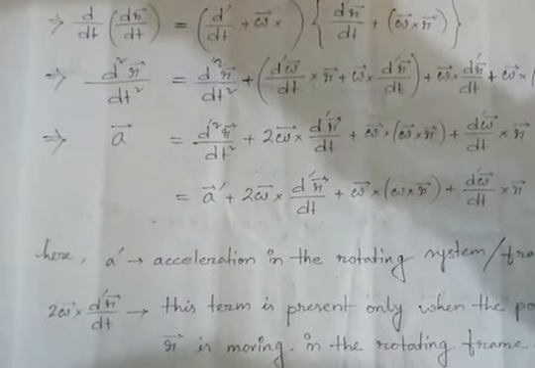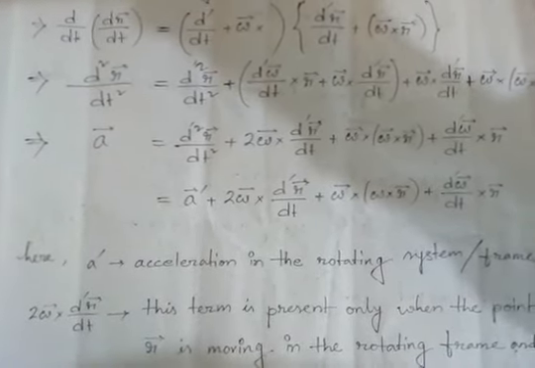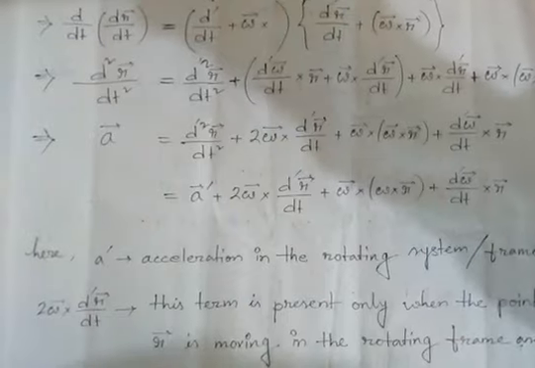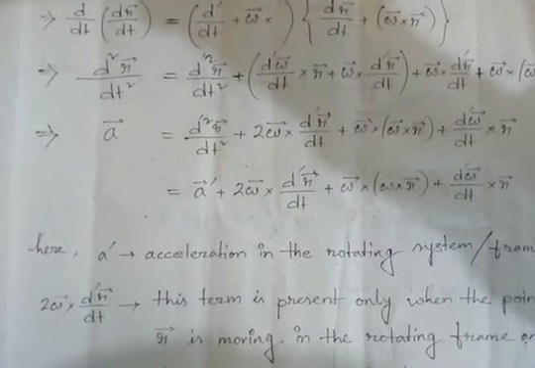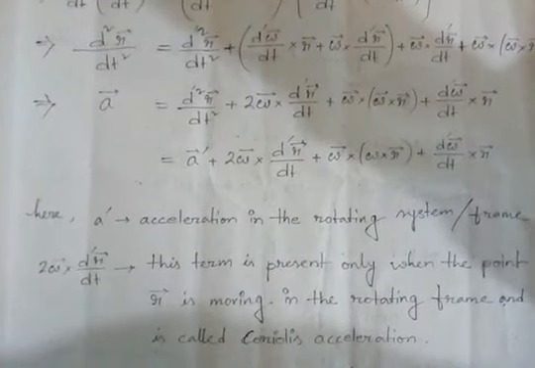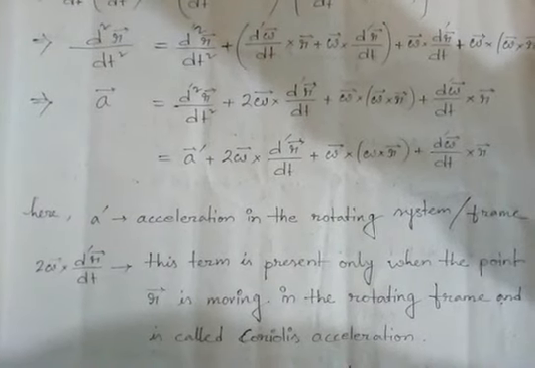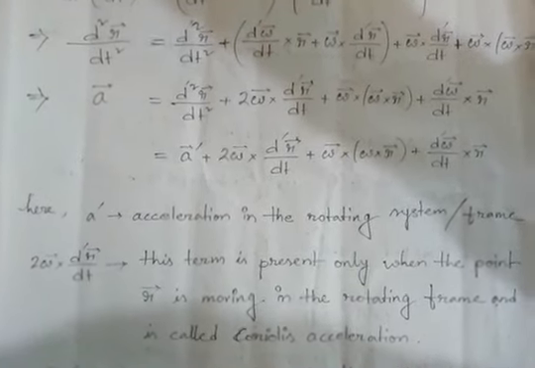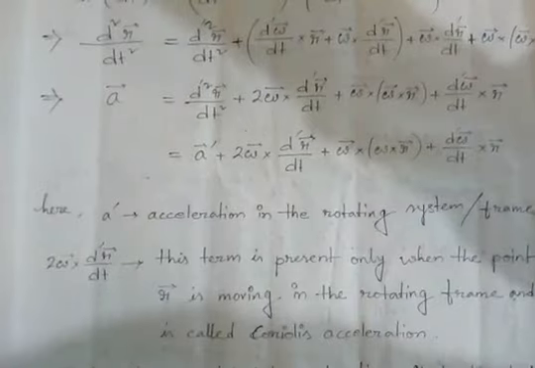Here a dash is the acceleration in the rotating system or frame. Twice omega cross d dash r by dt is present only when the point r is moving in the rotating frame and is called Coriolis acceleration.